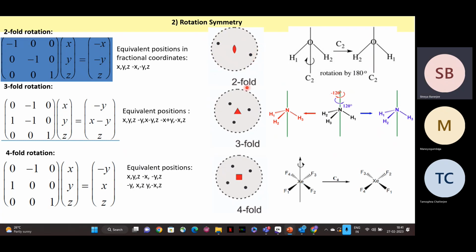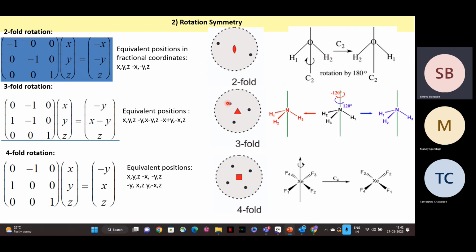That is called a two-fold rotational symmetry. In chemistry, if you look at the water molecule and imagine an axis of rotation passing through the oxygen, and rotate the molecule by 180 degrees around this axis, H1 and H2 exchange their positions, but the initial and final water molecules are not distinguishable.